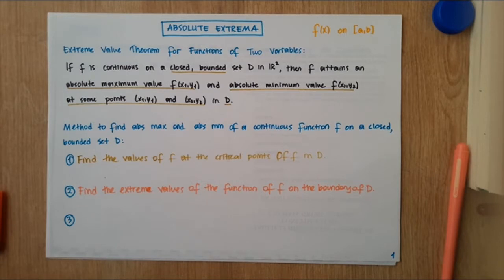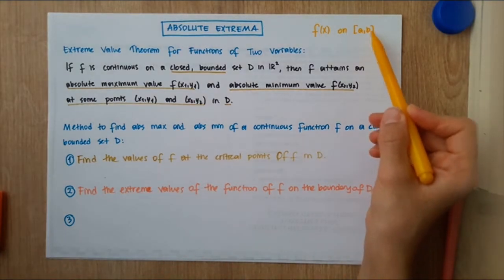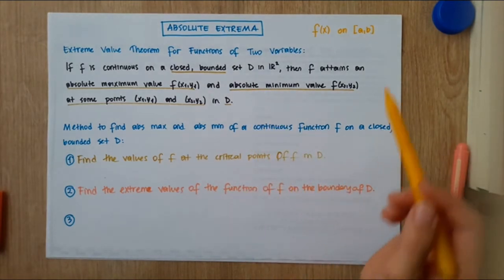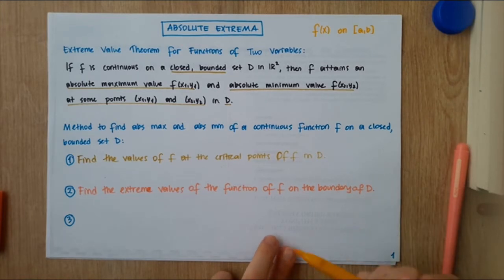So we use the same procedure here, but this time we don't have an interval, we have a region. Because of that, we don't have endpoints, but we have boundaries here.